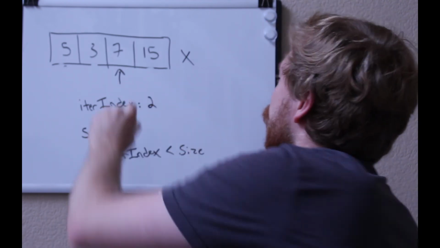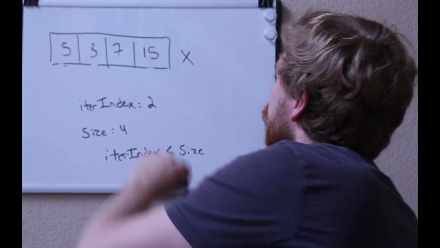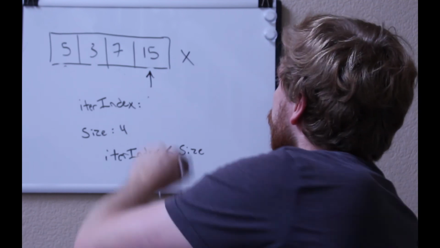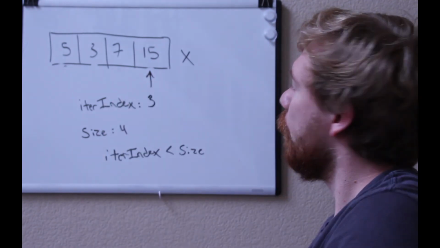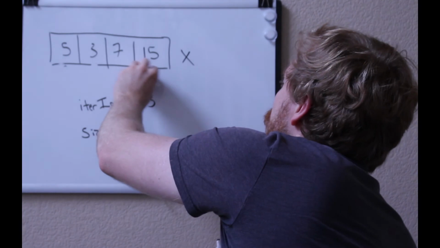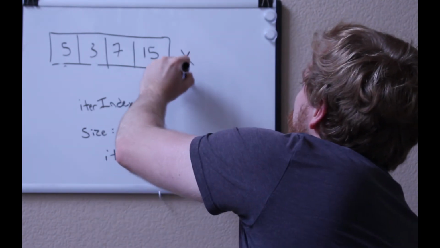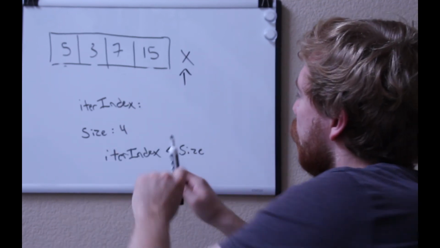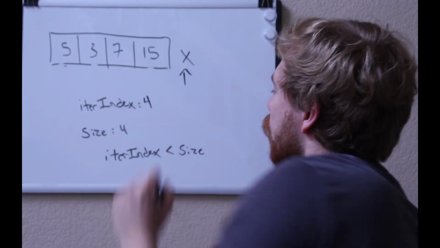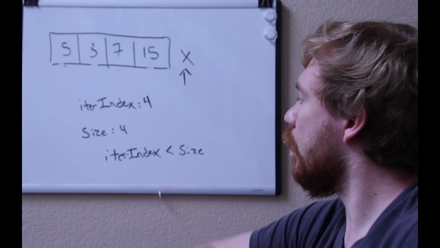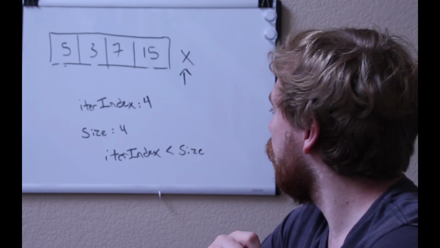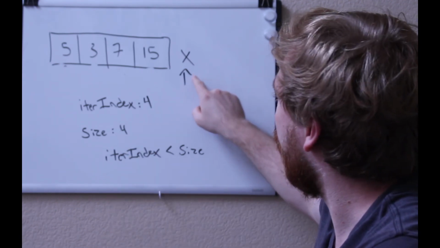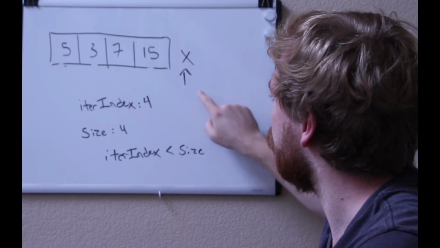And then the one after that, 3, this will hold true. But the moment iterIndex becomes 4, this Boolean expression here is no longer true and will return false. Which is what we want. We want hasNext to return false when we reach this circumstance.